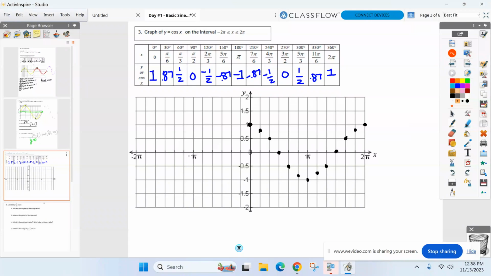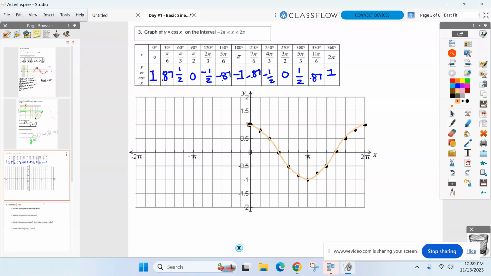If you're confident, draw in your curve. This is not a V. And what we're looking at is a cosine curve.